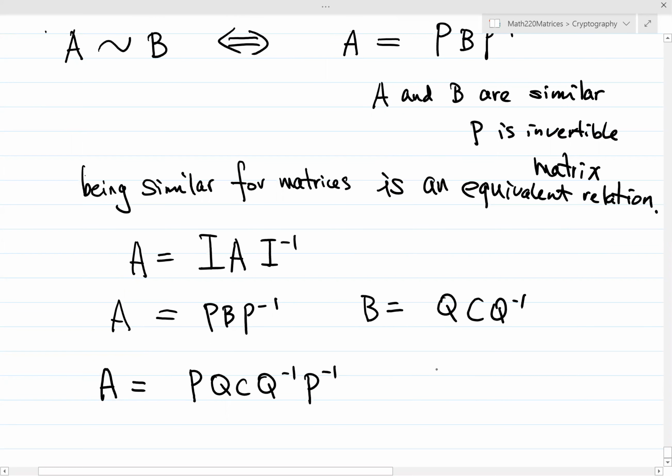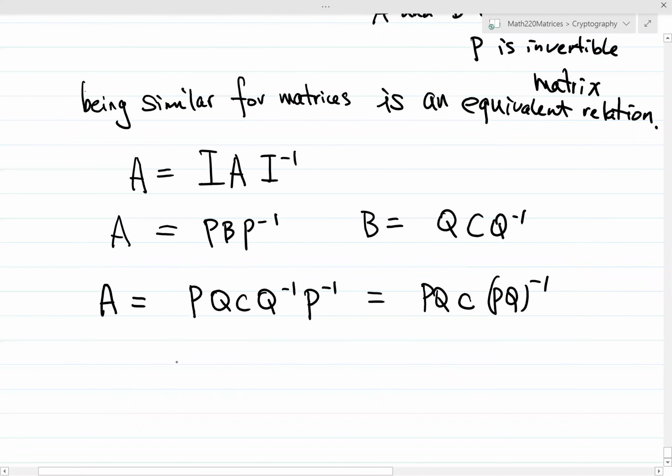So this will be PQ C (PQ) inverse. Now PQ, P times Q, is again invertible. So this means A is similar to C. So it's transitive. So being similar is actually an equivalent relation.